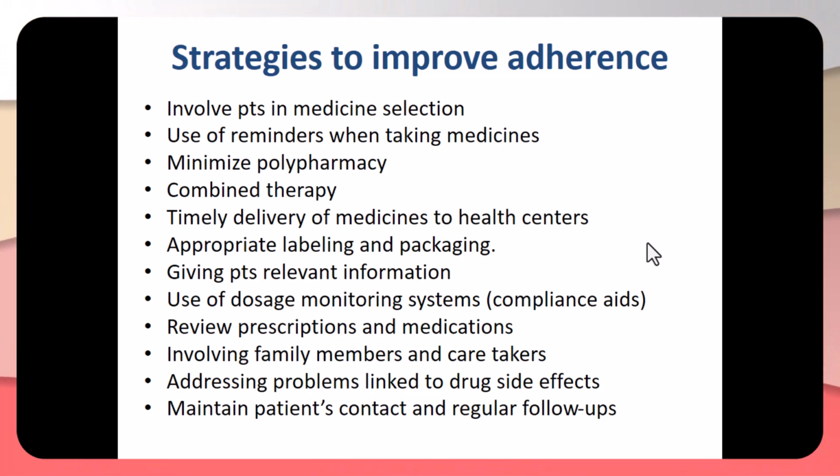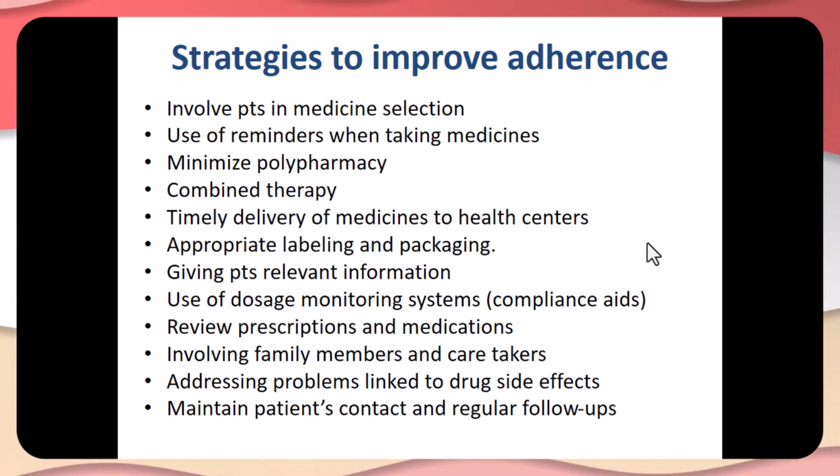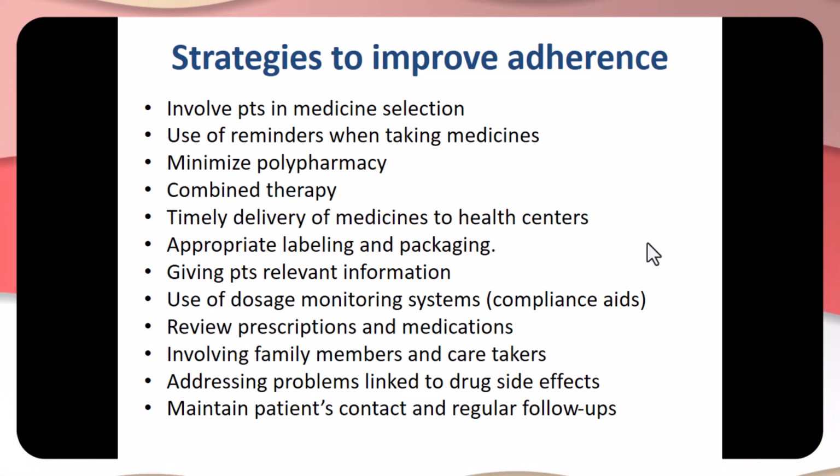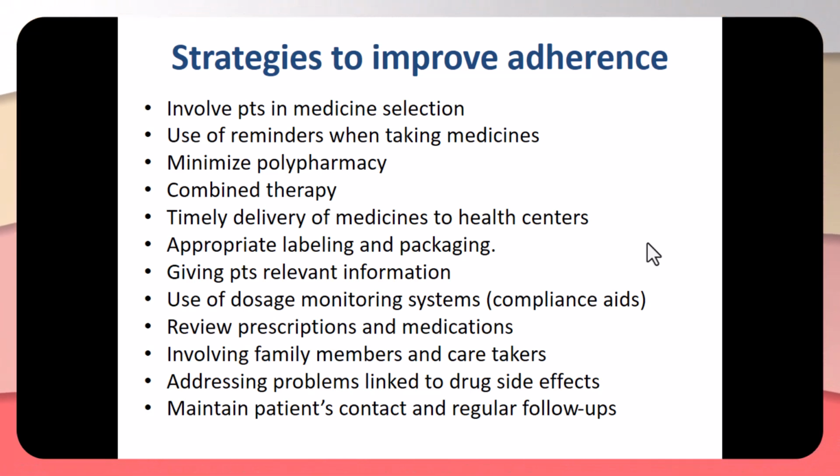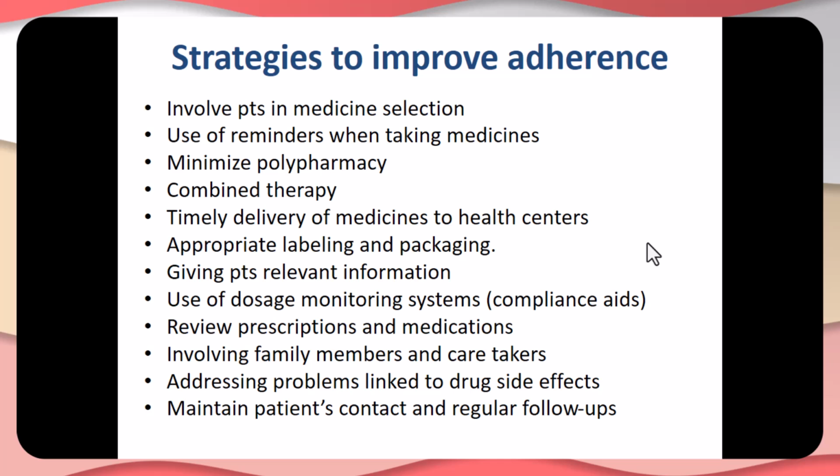Appropriate labeling and packaging of the medications can improve adherence. Give patients relevant information. Give the patient the information that they need to know about their condition, about their treatment plan. This improves adherence.